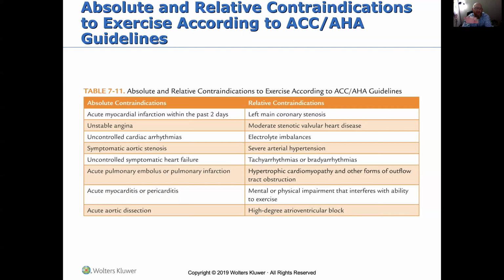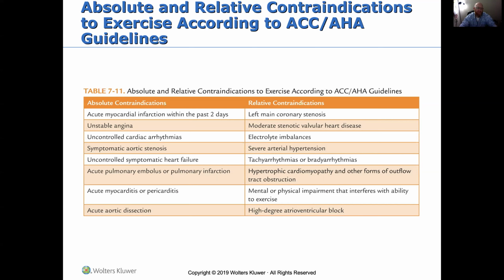Absolute contraindications mean you do not do this when this is going on. Absolutely not. Relative contraindications mean you better keep a close eye on somebody with this scenario. So just remember, absolute means no, it's a no-go. Relative means it's iffy, but you could still do it, but you need to really watch what's going on.